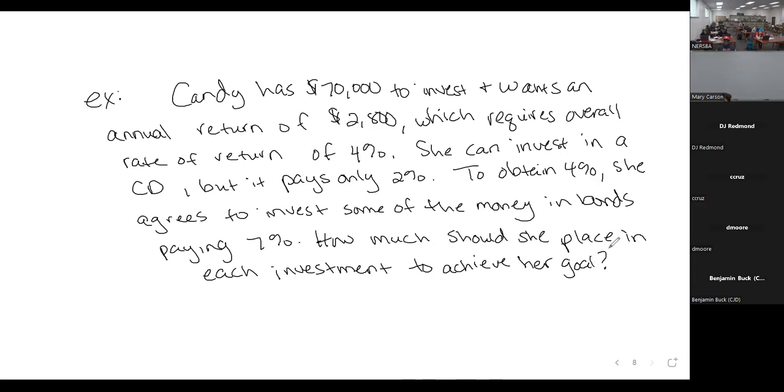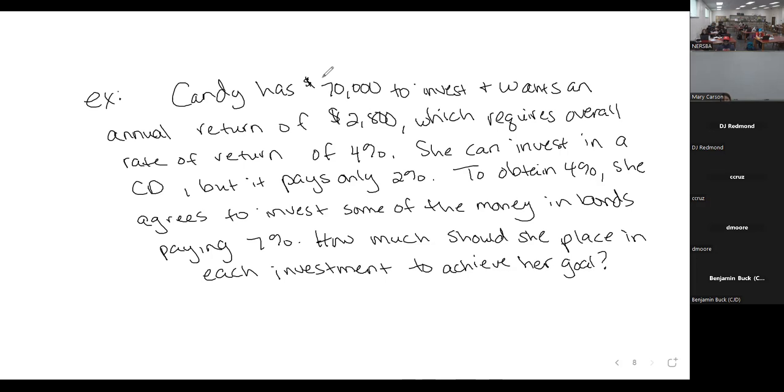All right, so Candy has $70,000. That looks like 170, sorry, guys. 70 here, okay? $70,000 to invest and wants an annual return of 2,800.